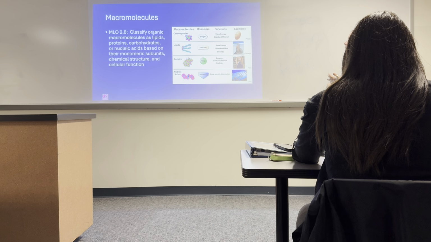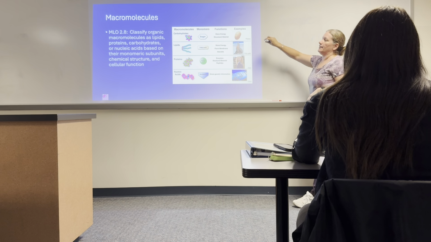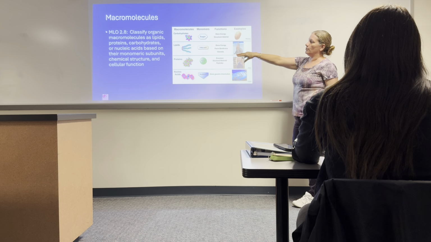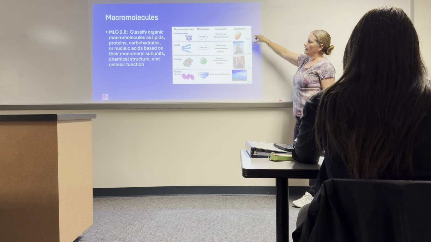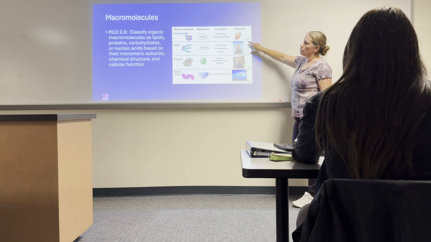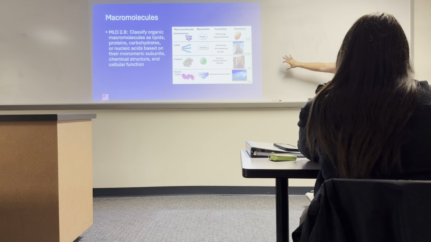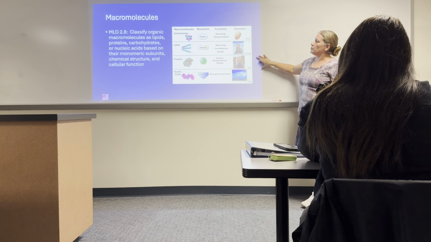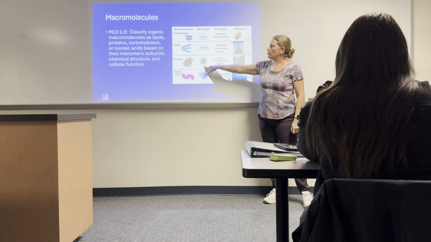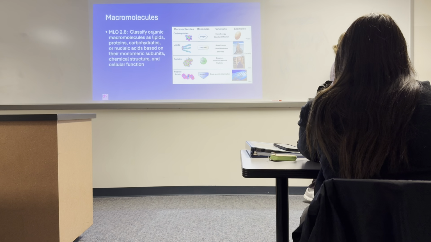All right, so again, I'm doing a brief overview of chemical structure, function, and the bonds as well as those monomers. So then looking at the proteins, of course, our monomers are the amino acids.